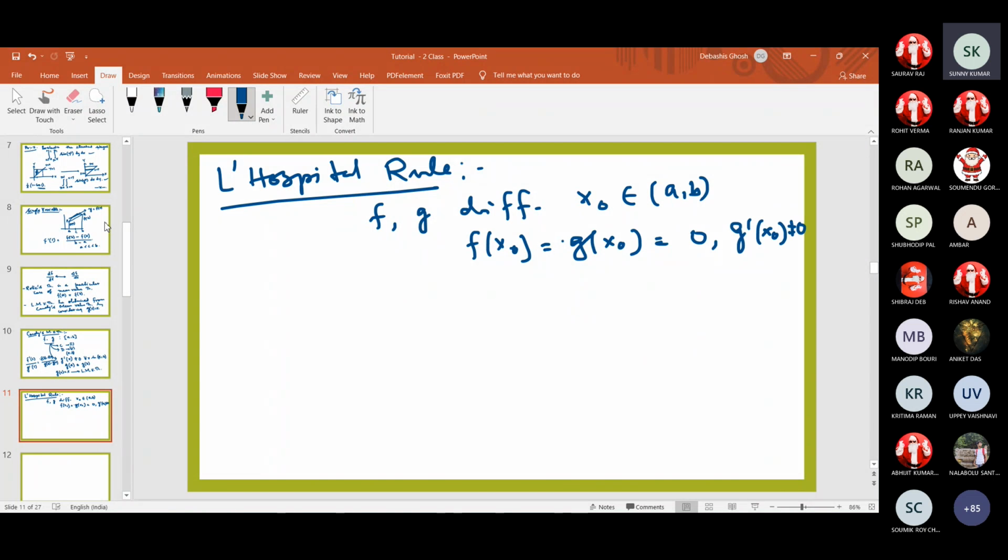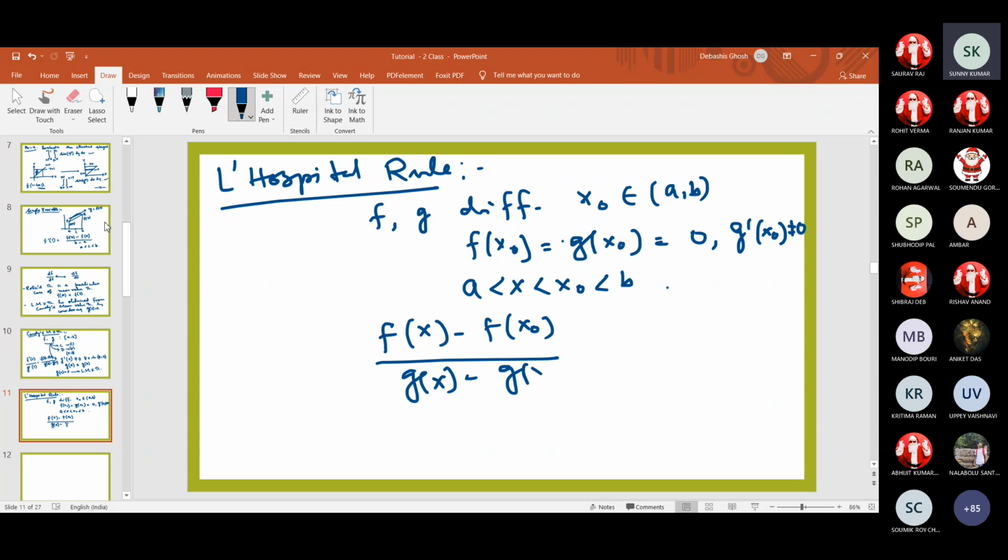All these conditions have to be satisfied, then only can we apply Cauchy's mean value theorem, and that gives, for some point x, if a is less than x less than x0 less than b, then f(x) minus f(x0) divided by g(x) minus g(x0) is equal to f dash of x0 by g dash of x0, since x0 is a point in between AB.